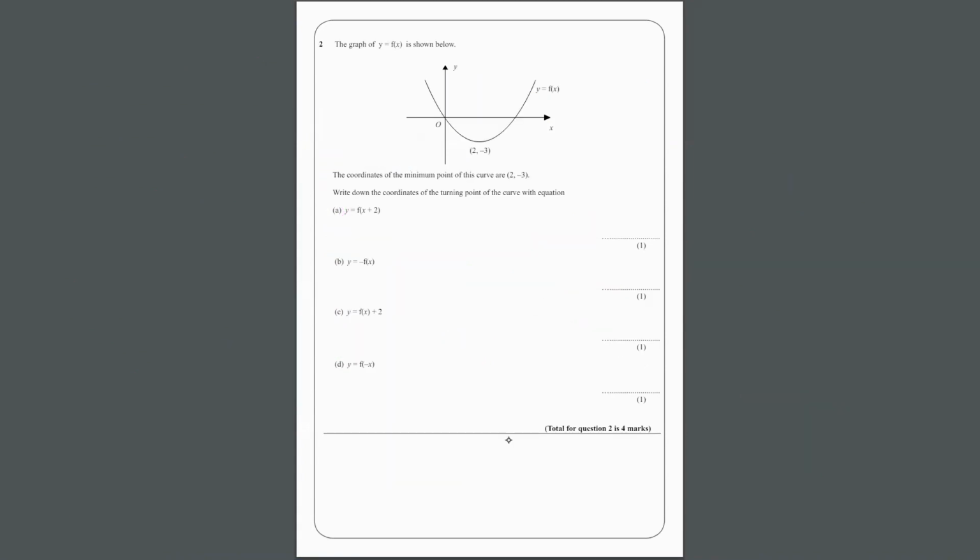Now let's try another question. It says the coordinates of the minimum point of this curve are 2, negative 3. Write down the coordinates of the turning point of the curve with equation y equals f of x plus 2. So in this case, we're adding 2 directly to x, which means it's going to be a horizontal translation.